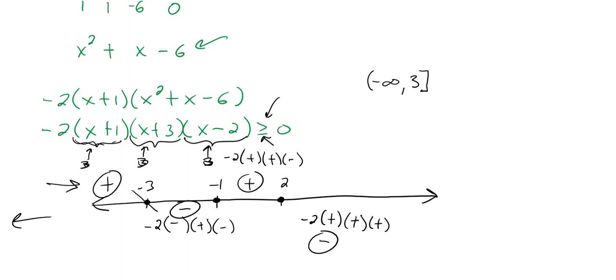Okay, so that's the first chunk. Then we write the union symbol, and we move on to the next chunk, which is in here. It's from -1, and it includes -1 because it's greater than or equal to, right? So it's -1, comma, and then goes to 2. And there you go.